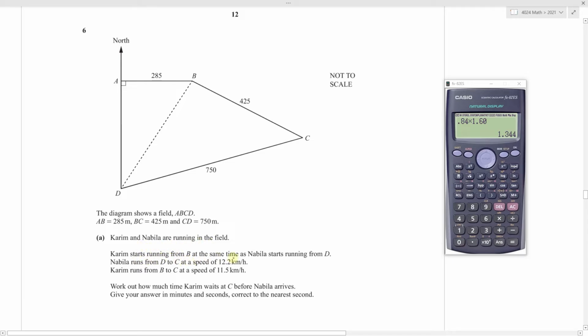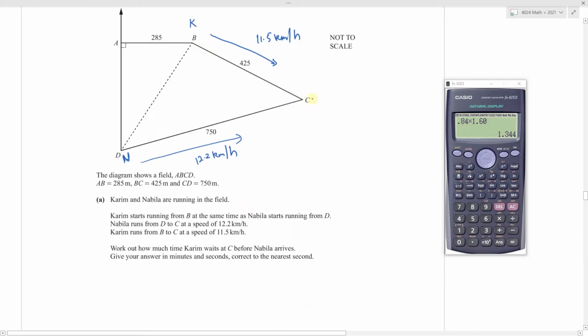Kareem starts from B at the same time as Nabila starts from D. Kareem runs from B to C, Nabila runs from D to C at a speed of 12.2 kilometers per hour, and Kareem runs from B to C at 11.5 kilometers per hour. Work out how much time Kareem waits at C before Nabila arrives, giving your answer in minutes and seconds, correct to the nearest second.